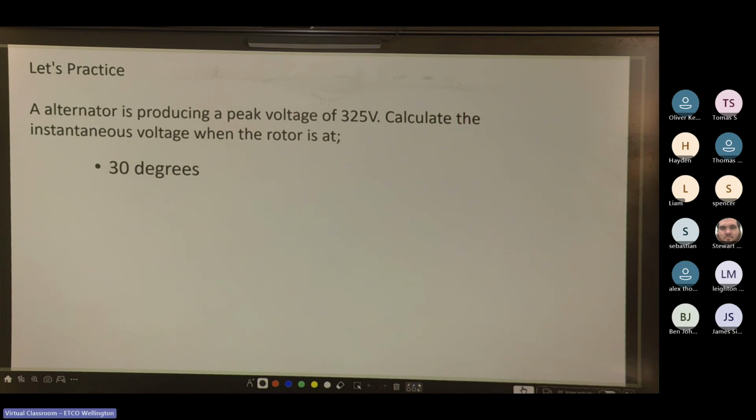So we take 325 and multiply that by the sine of 30 degrees, and we get 162.5 volts. So what about 45 degrees?